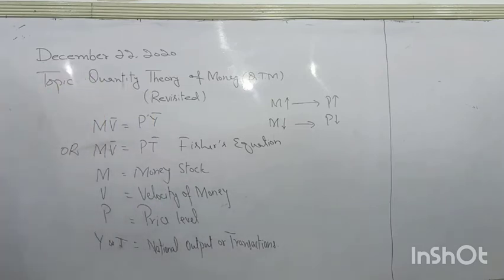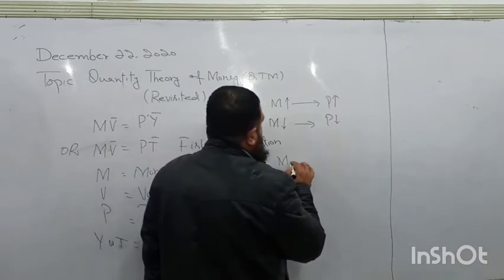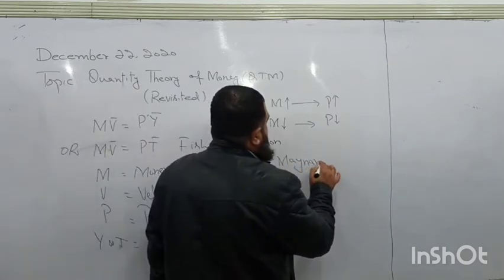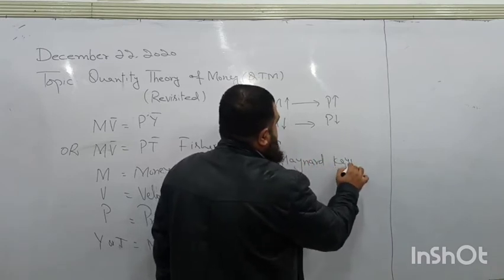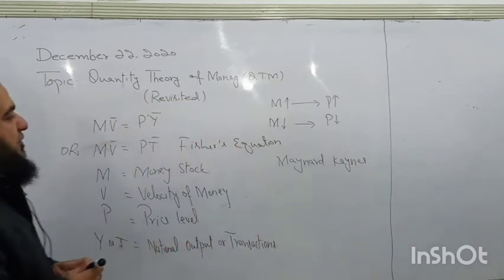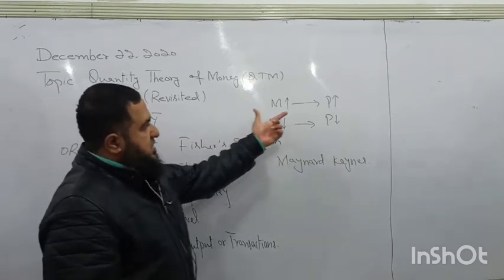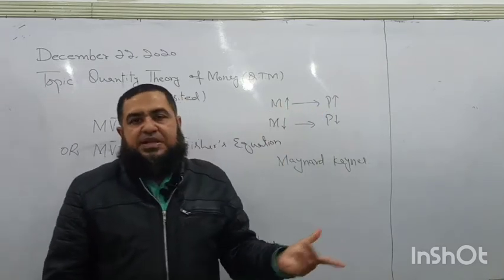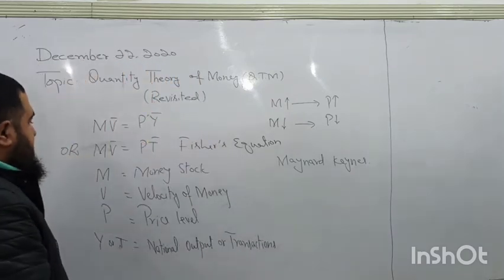Maynard Keynes, the macroeconomist, started macroeconomics after the Great Depression of 1929. He gave the role of government in the economic activities, and according to him, if we increase the money supply, according to monetarists, it is not only affecting the price level, it may affect any of the other things which are kept constant.